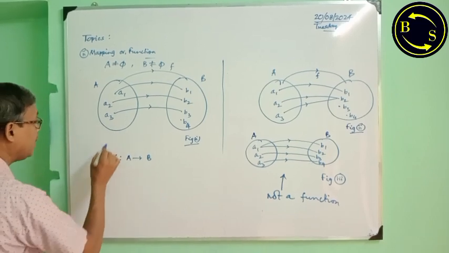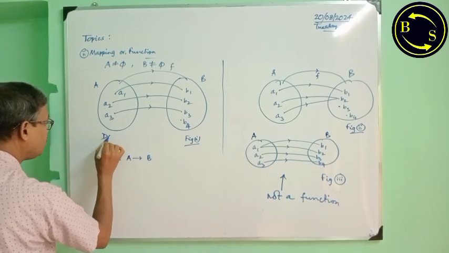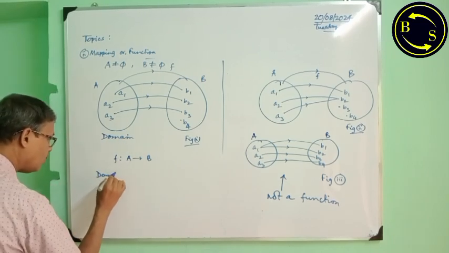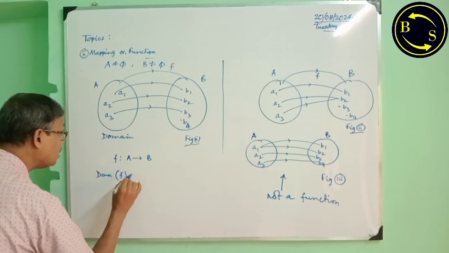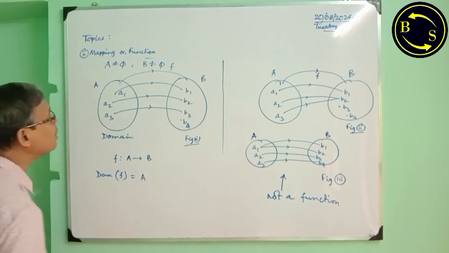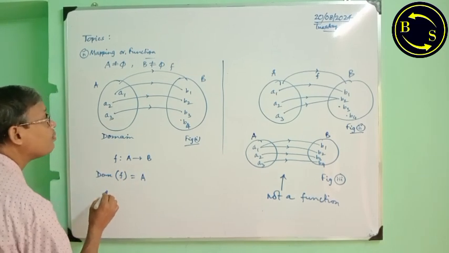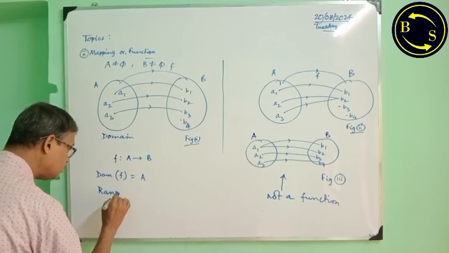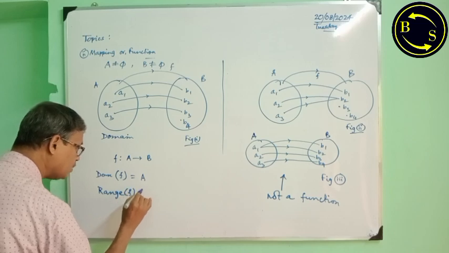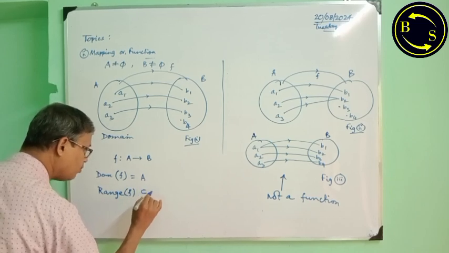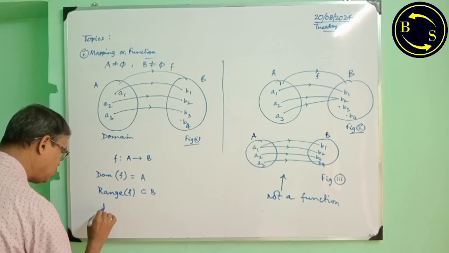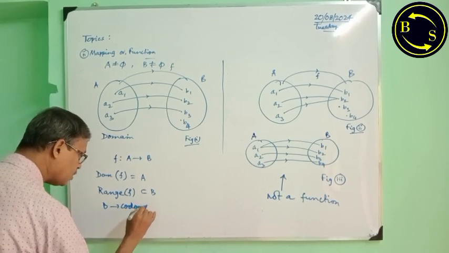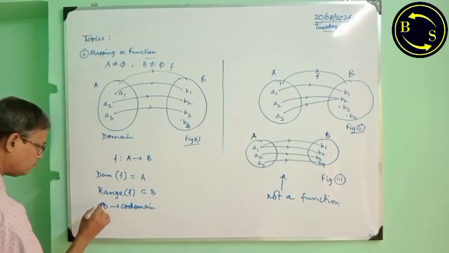In this case, A is the domain of the function or mapping, the range of f is a subset of B, and B is also called codomain, as mentioned earlier in case of relation.